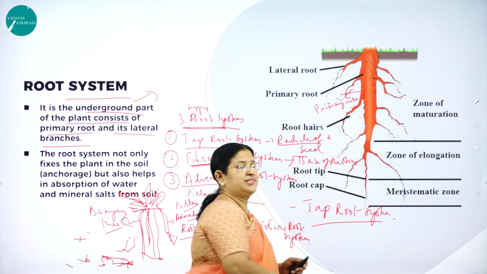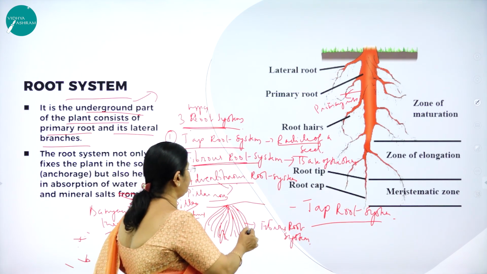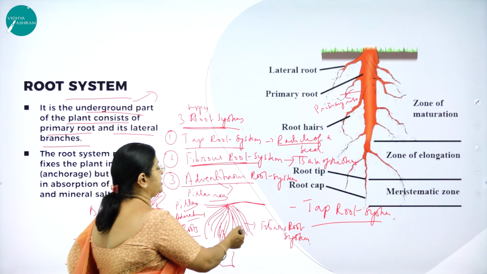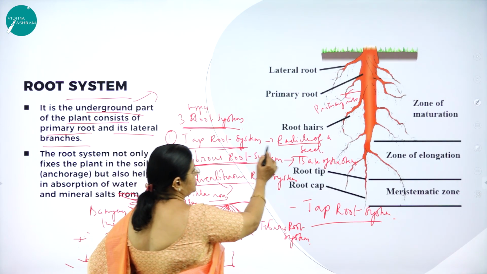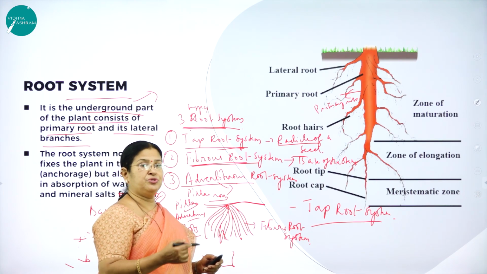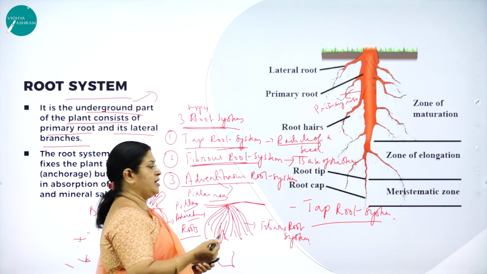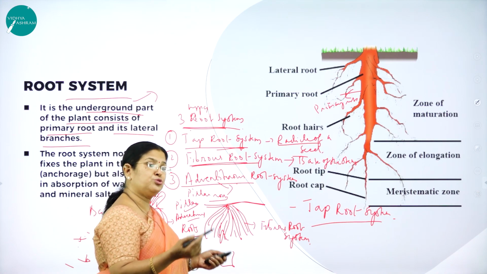In a taproot system you don't find as much branching as in a fibrous root system. Branching is very profuse in a fibrous root system compared to a taproot system. A taproot system gives rise to primary root, primary into secondary roots, secondary into tertiary roots. But here the branching is very profuse, too much.